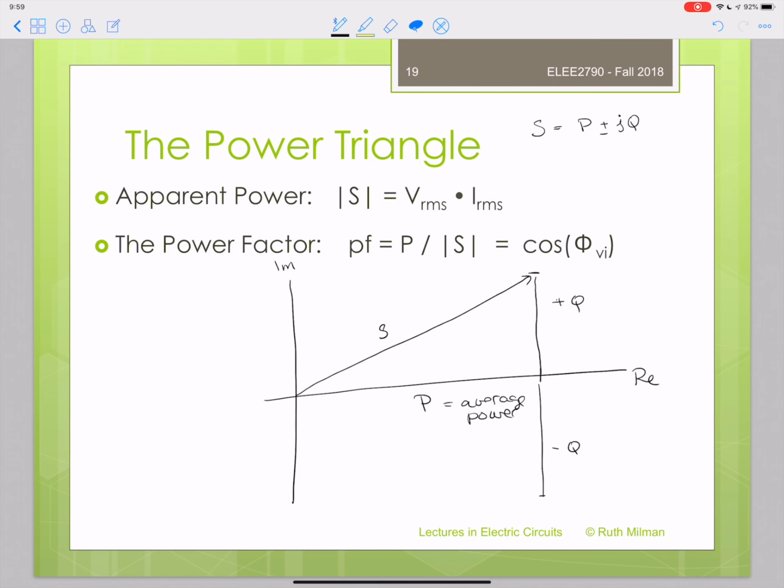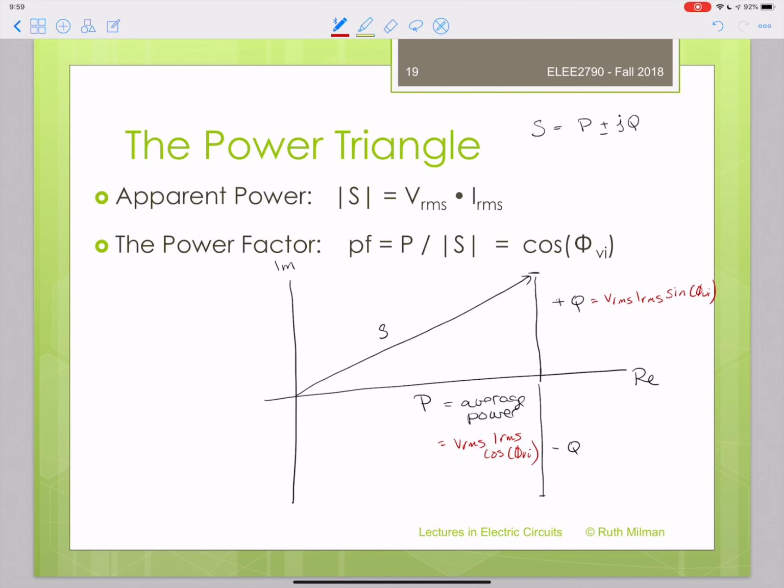Our average power is simply equal to V_RMS times I_RMS times the cosine of that angle. On the other hand, our reactive power Q is just equal to V_RMS times I_RMS times the sine of this angle between the voltage and current.